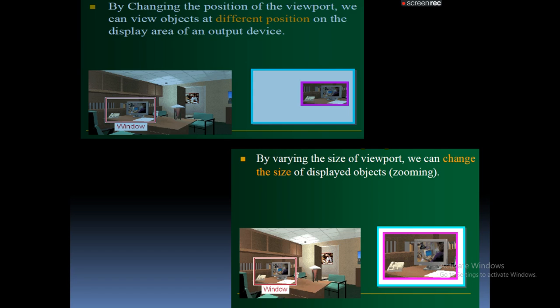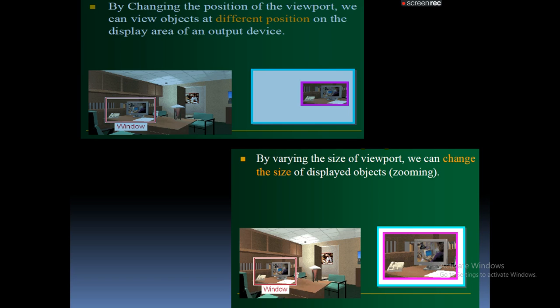That is nothing but zoom in. When I move the real camera away from the object, the size of the object definitely decreases. Whatever object you displayed on the screen, we will get a very small size. This is called zoom out.